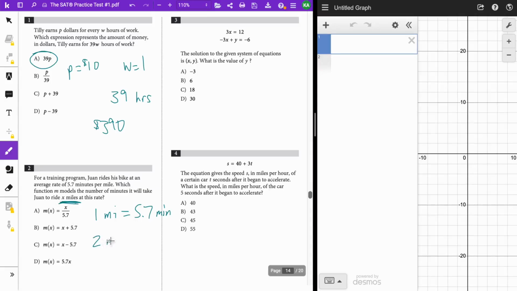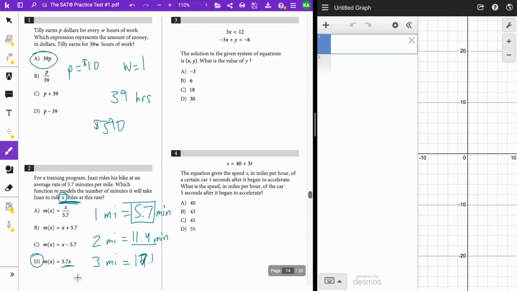If he goes 2 miles, that would double, so 11.4 minutes, right? We're taking the number of miles, X, and multiplying it by 5.7. If X was 3, it would triple that, whatever it would be. But you get the idea. We're going to multiply, so that's 5.7 times X, and we get D.